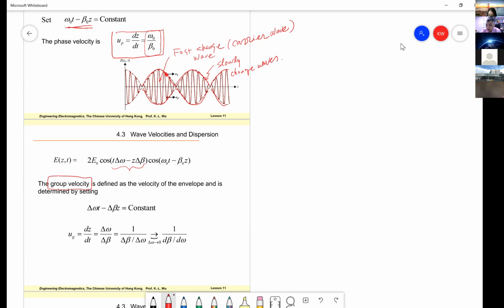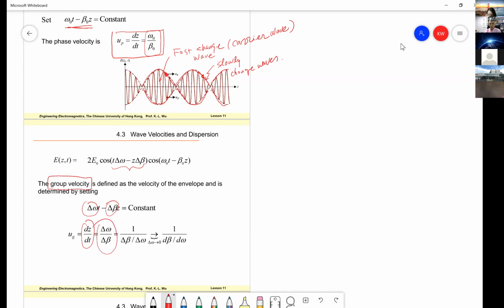Okay, this point is moving to here. How long does it take? Then again, we need to find dz/dt. That measures the group phase velocity, and according to this mathematical solution, that equals this divided by this.